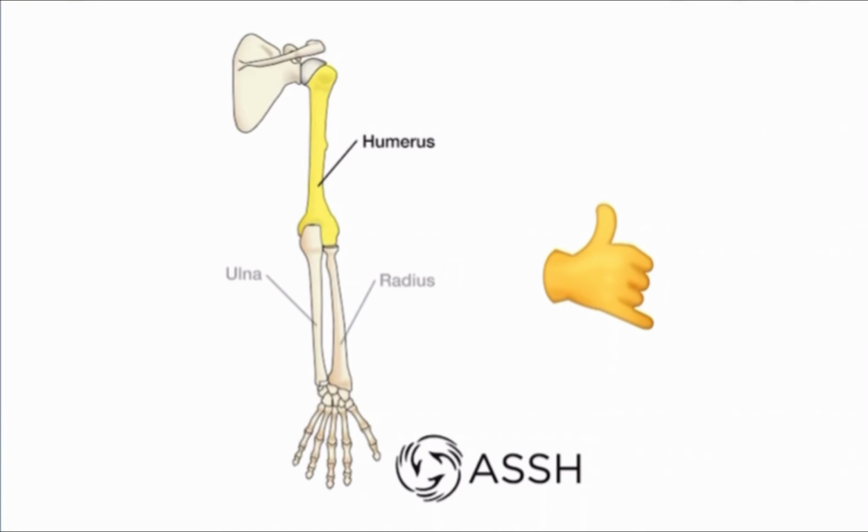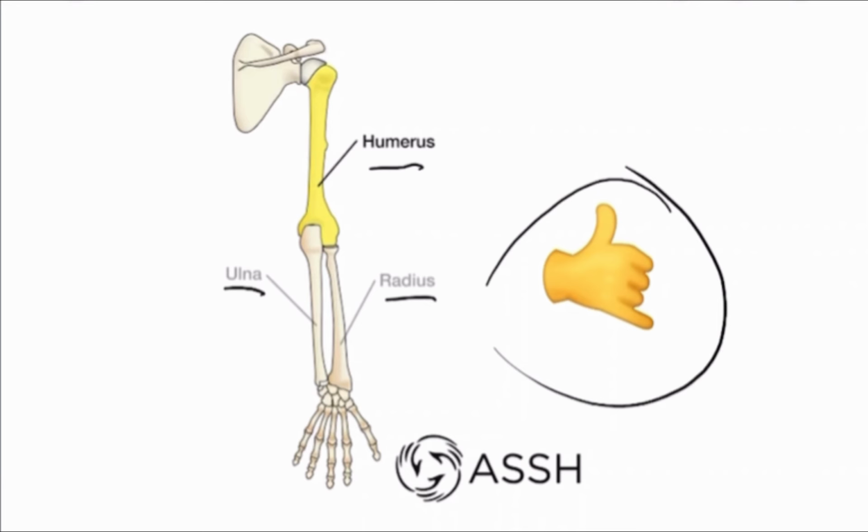Right here is your whole entire arm, and the bones in your arm are the humerus, ulna, and radius. And you guys might get confused about the radius and ulna, but how I like to memorize it is, you know how surfers throw up this sign and they're like, rad, bro.